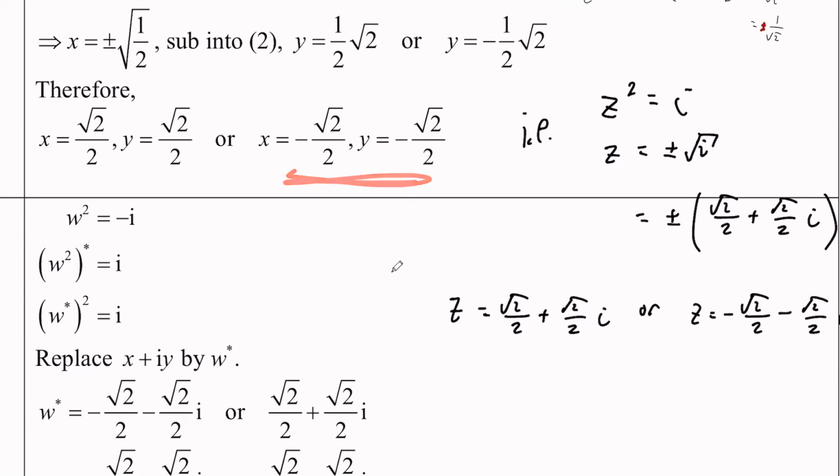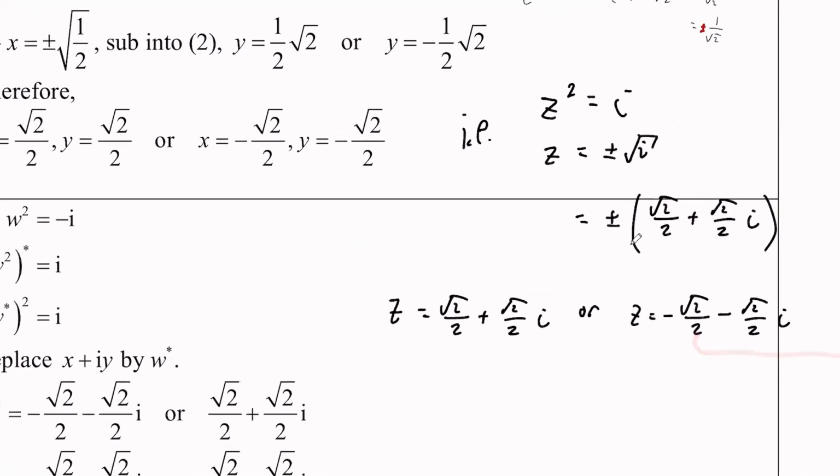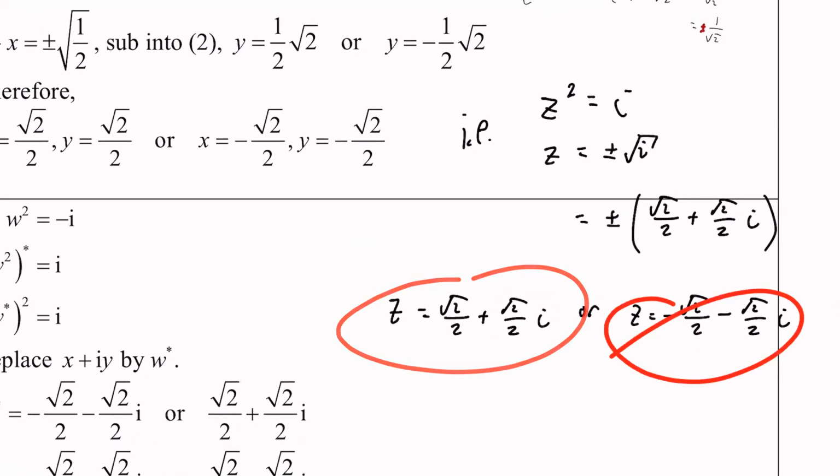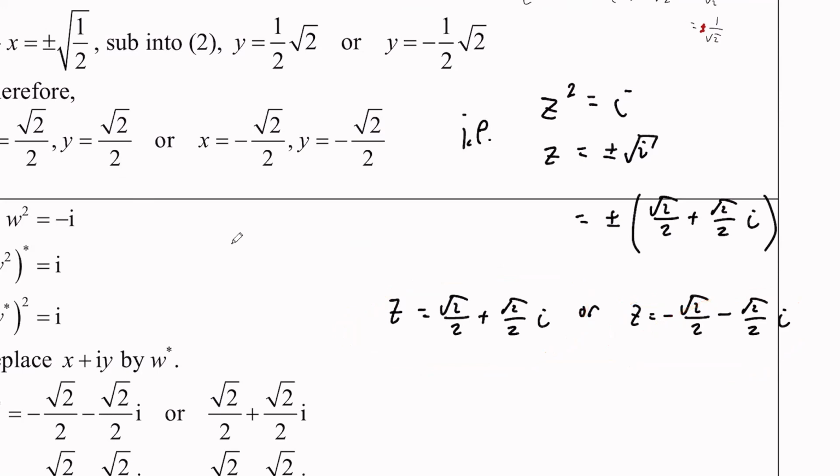Oh, okay, highlight and disappear. So over here, what we conclude is that z is equal to this one, or z is equal to that one. There's an x, there's a y, there's the other x, there's the other y. Okay, moving on.